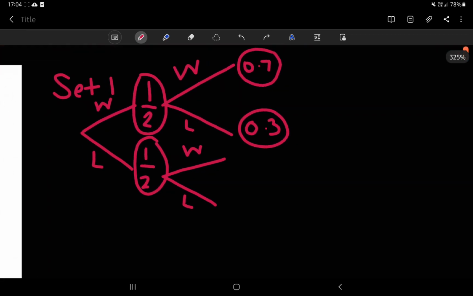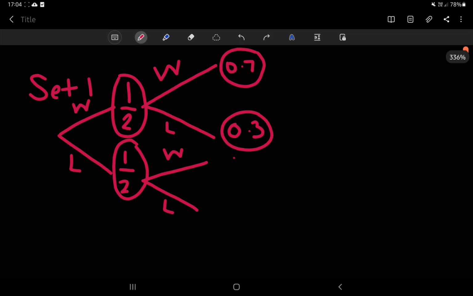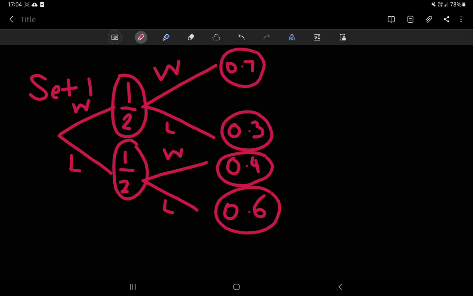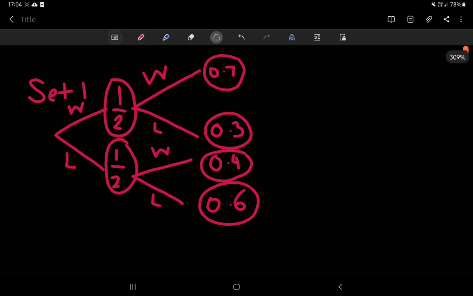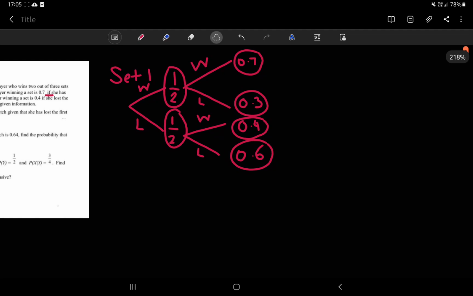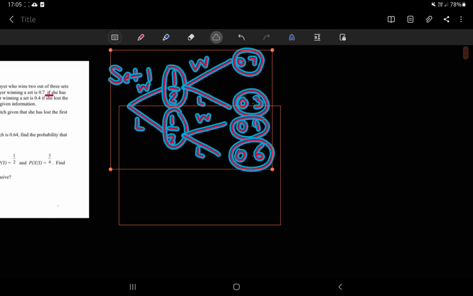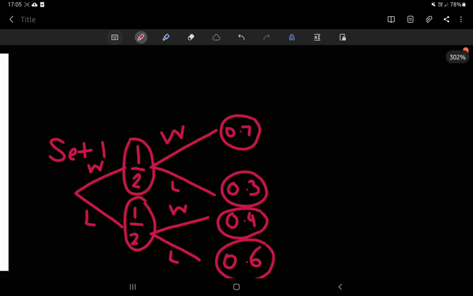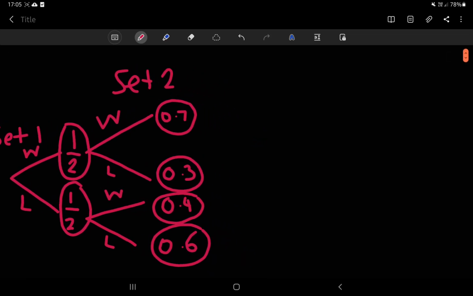The previous set is set 1, so it will have 0.4 probability. The remaining is the losing probability, which is 0.6. So this is for the case of set 2.